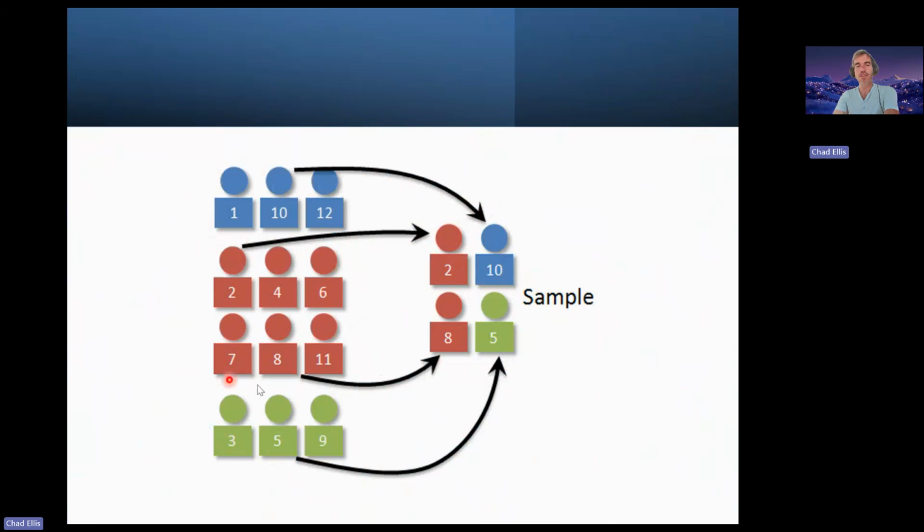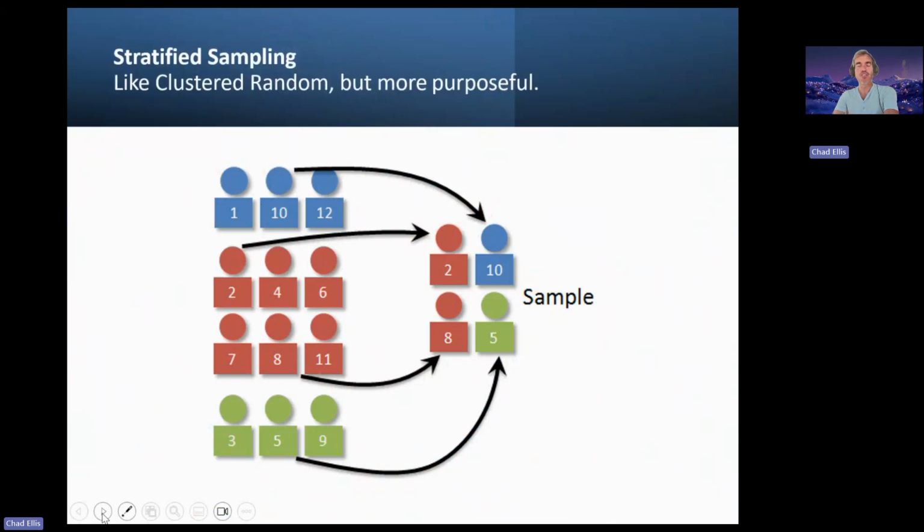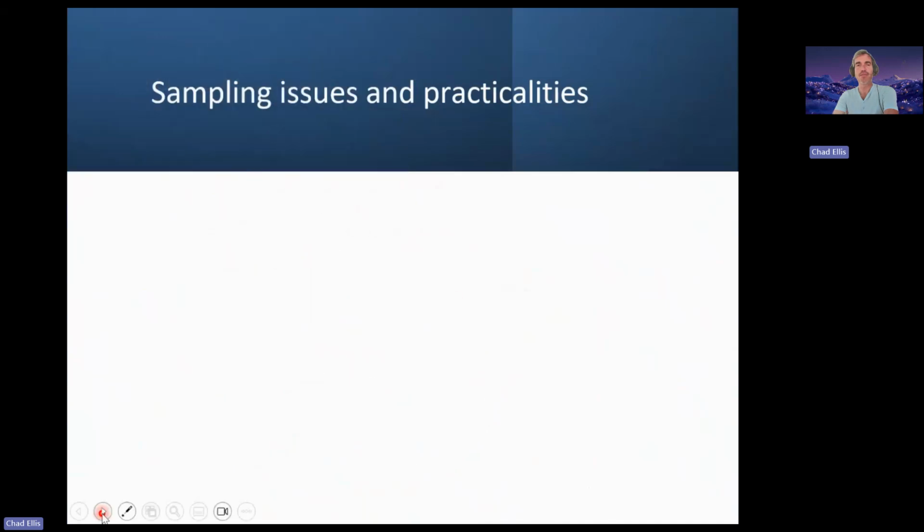You're going to first divide them up by the color, red, blue, and green, and then knowing that you have double the reds, you're going to do double the amount of sampling within the red population compared to the blue and the green. So that's the idea of stratified sampling, more of a targeted approach, a little more purposeful than pure randomness.